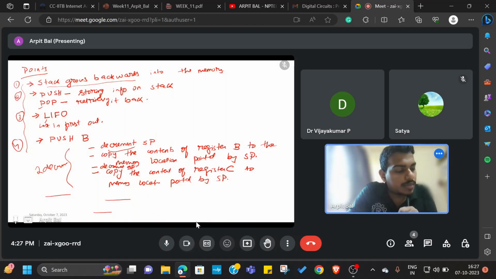PUSH B will imply that I have to push both B and C's content into the stack. Initially the stack pointer will decrement once to push the content of B, then it will decrement a second time to push the content of C into the stack memory. So there are two decrements, because the stack grows backwards.